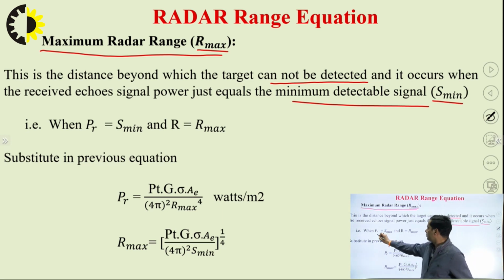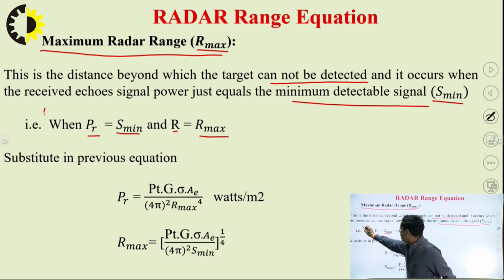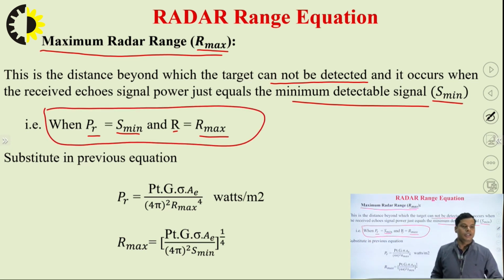So when PR is equal to S min, at this condition R will become R max. This is the condition for maximum radar range, or minimum power detection.